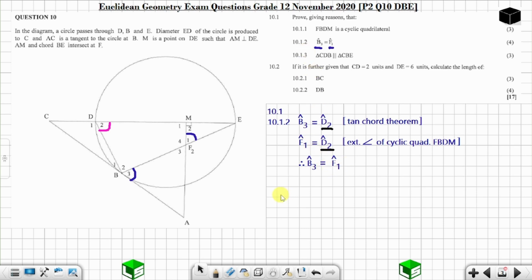Now question 10.1.3. We have to prove that triangle CDB is similar to triangle CBE. Let me erase.